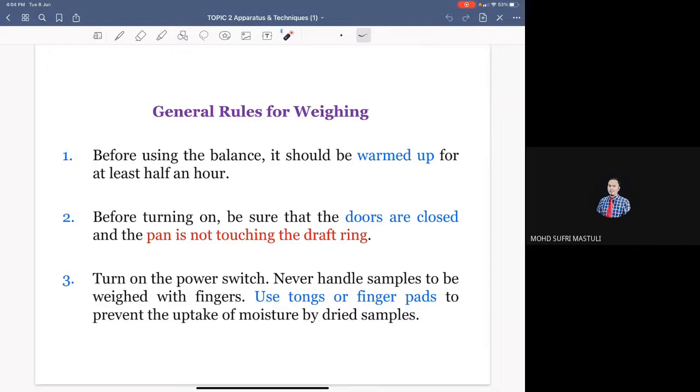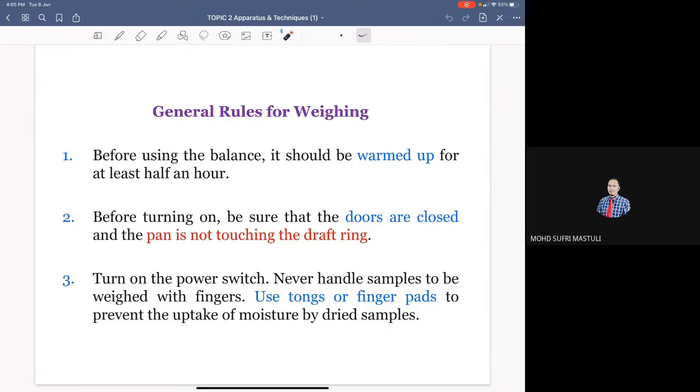General rules for weighing. Before using the balance, it should be warmed up at least for 30 minutes. Before we turn on the balance, make sure the doors are closed and the pan inside is not touching the draft ring. And then turn on the power switch.